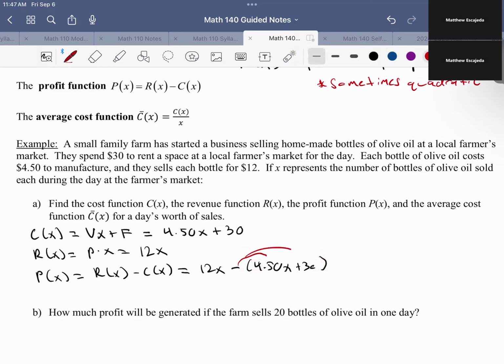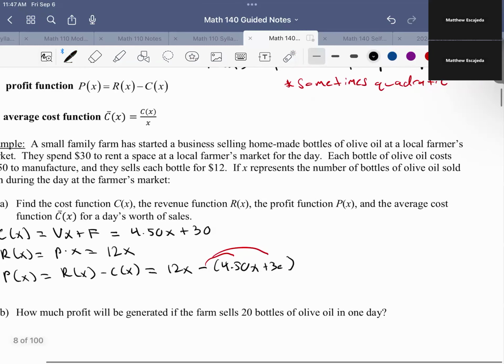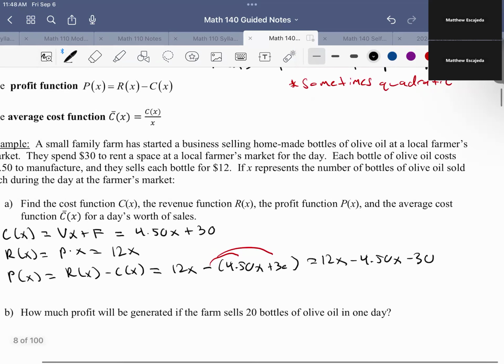So distributing the negative, we end up with 12X minus 4.50X minus 30. If we simplify this, we should get 7.5X minus 30. And that is our profit function.